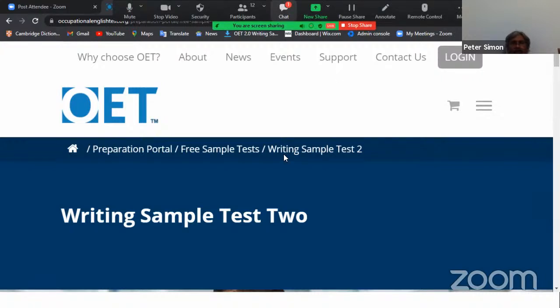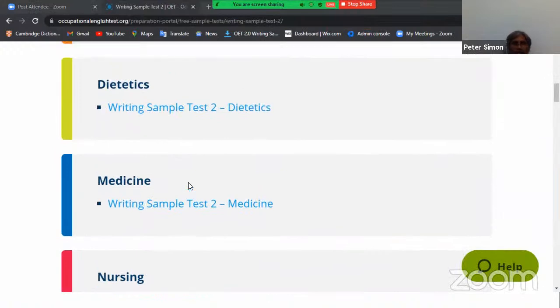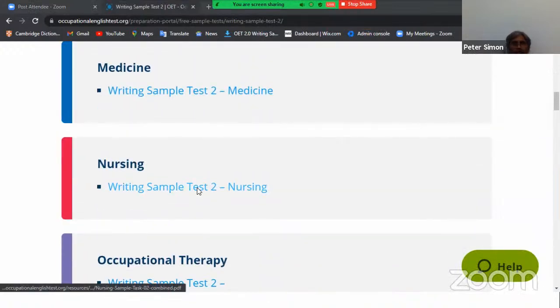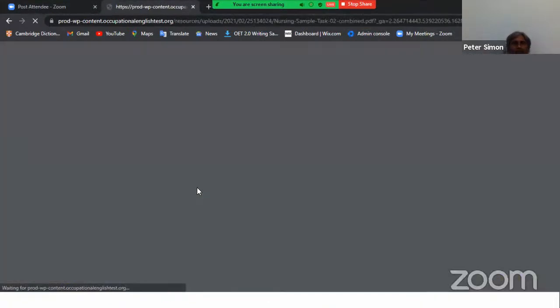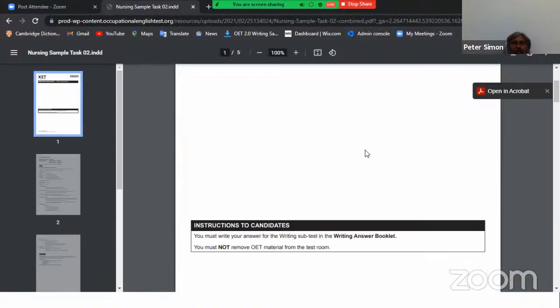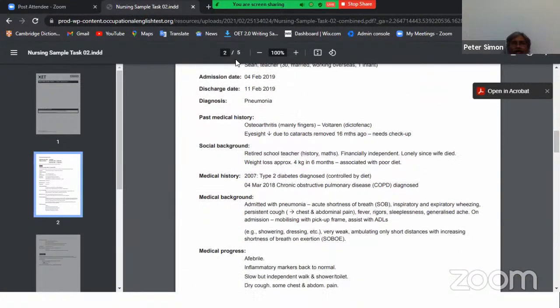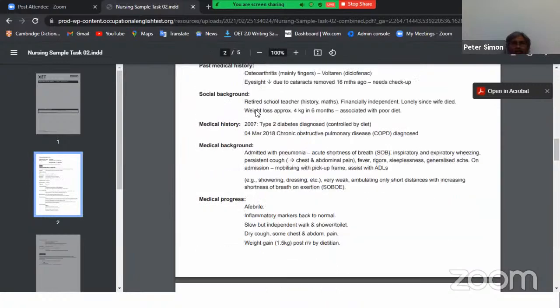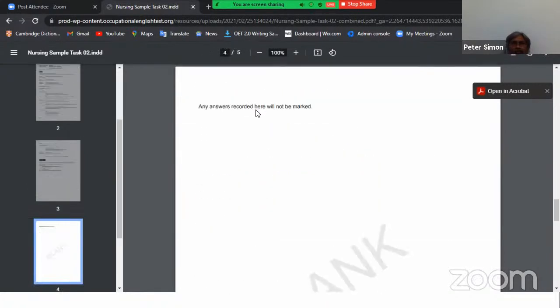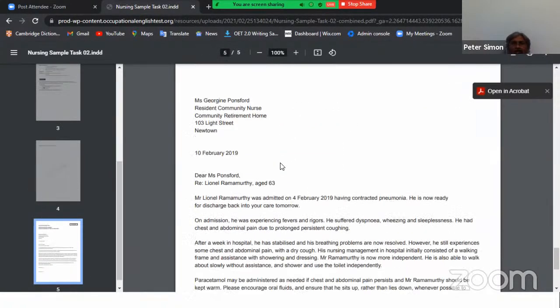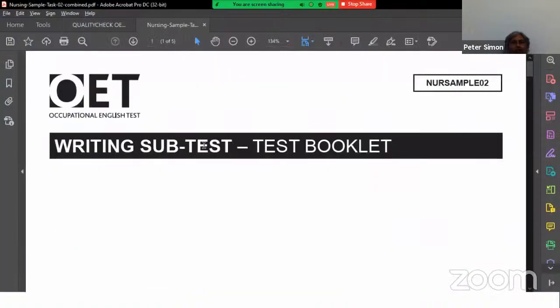Now, if you see there, take nursing. You can see the last page. Which is first? You can see here.